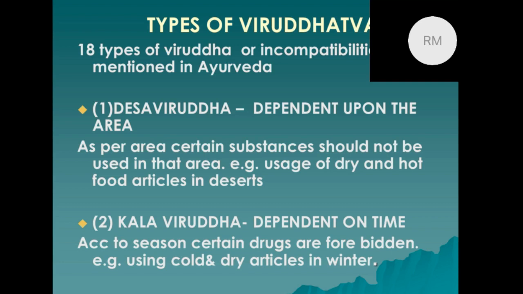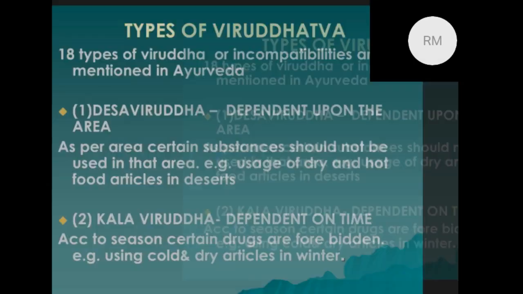So in winter, certain foods can trigger some diseases. In summer, certain foods can trigger some diseases. Yogurt, for example, we do not recommend in hot weather. So this is the second type of incompatibility, which is called time dependent, or kala viruddha.